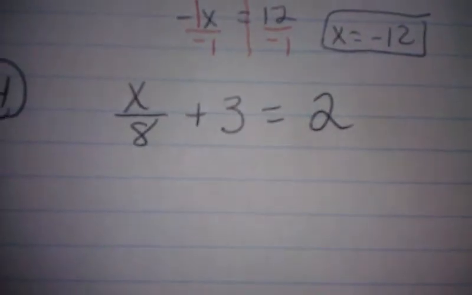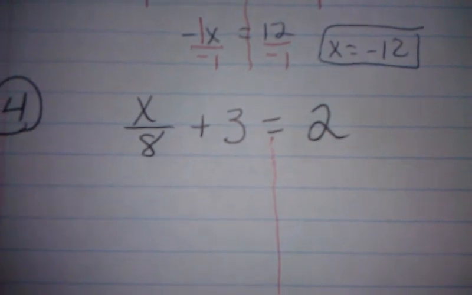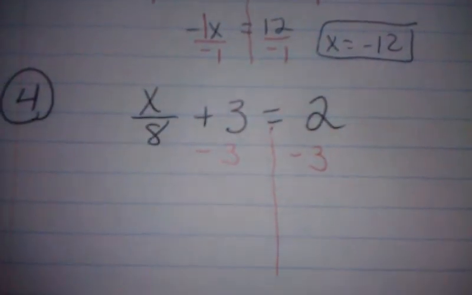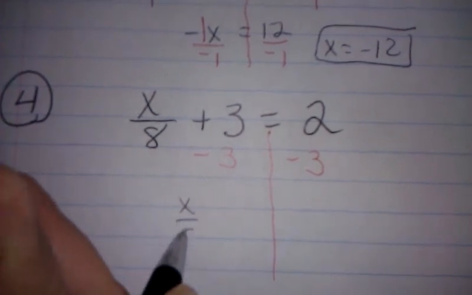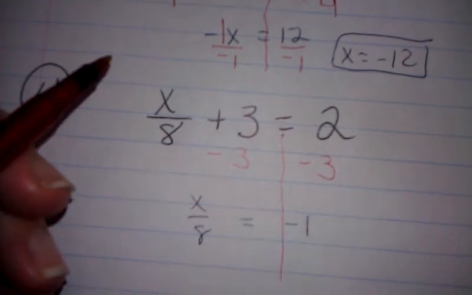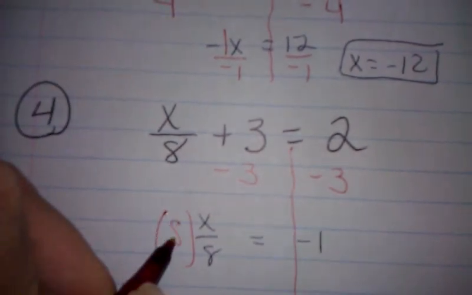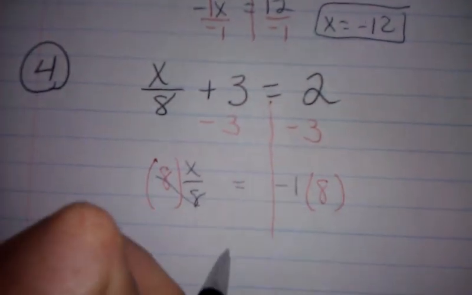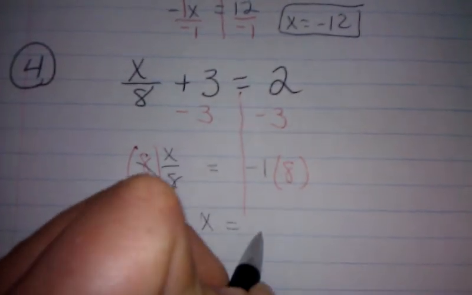Last one, subtract 3 from each side. X divided by 8 equals -1. Multiply each side by 8. These cancel. X equals -8.